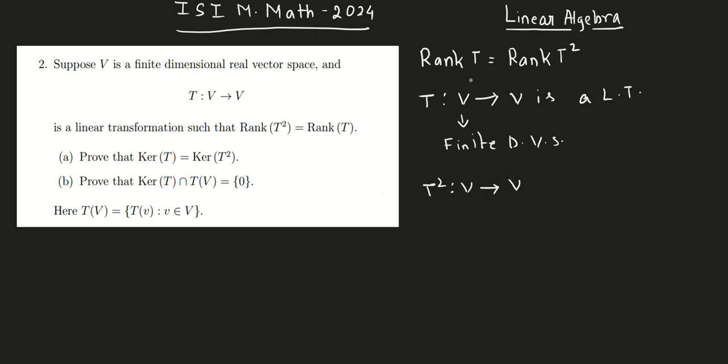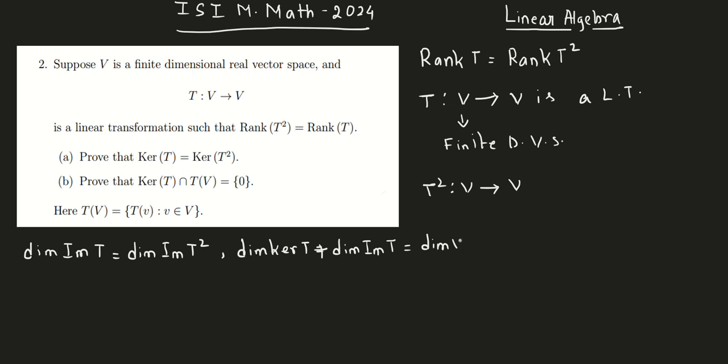Now, what is meant by rank of T? Rank of T is the dimension of TV. And rank of T squared is the dimension of T squared V. As V is a finite dimensional vector space, by using the rank nullity theorem, I can write dimension of ker T plus dimension of TV is equal to dimension of V, and dimension of ker T squared plus dimension of T squared V is equal to dimension of V as well, right?